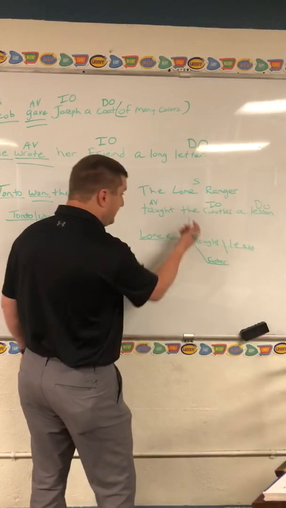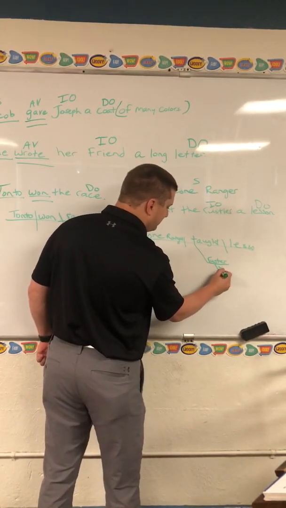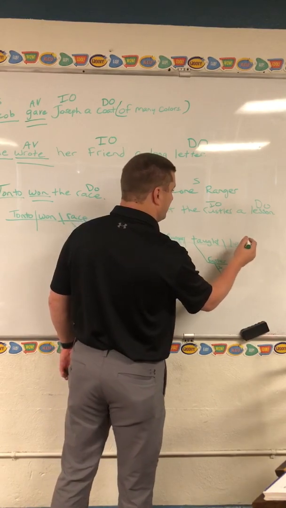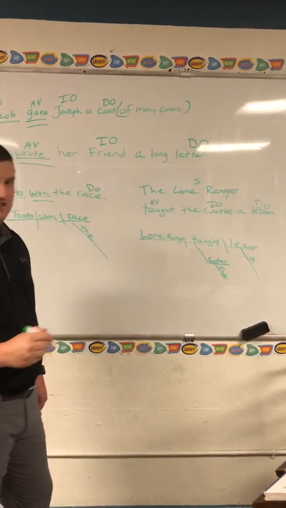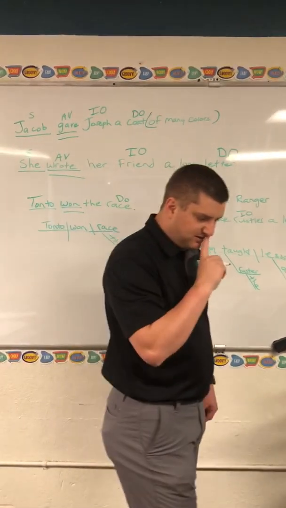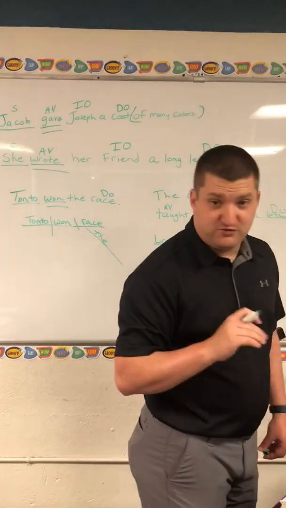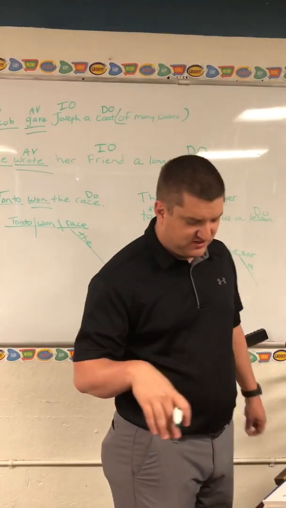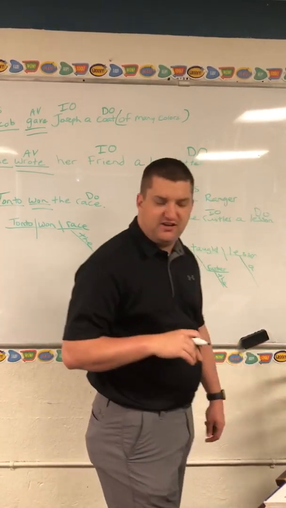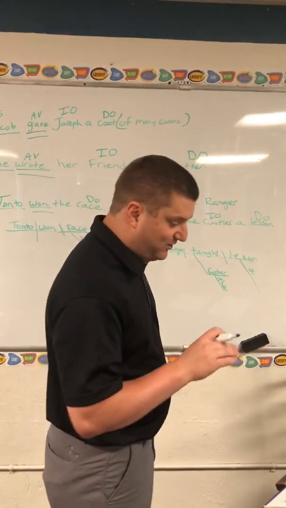Then of course, the is an adjective, so it describes rustler. And a is an adjective, it describes lesson. That's how you do the direct object ones. Use your book. It gives you detailed instructions on how to do this on pages 284 to 286. Use your book. It will help.